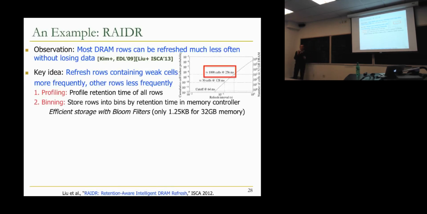Meaning you're trying to test the membership of a row in this bin, and even though the row may not need to be refreshed every 64 milliseconds, this structure tells you, yes, you should refresh it every 64 milliseconds, right? That's called a false positive. You really shouldn't refresh it, but you're refreshing it. Well, in this case, it's OK, right? If you refresh a row more frequently than it's needed, it's OK. You just waste some energy, but you're still correct.